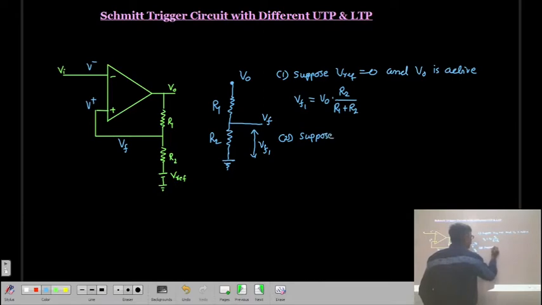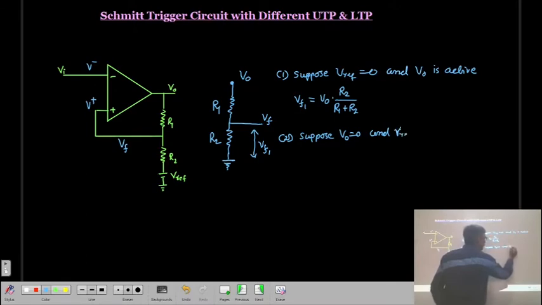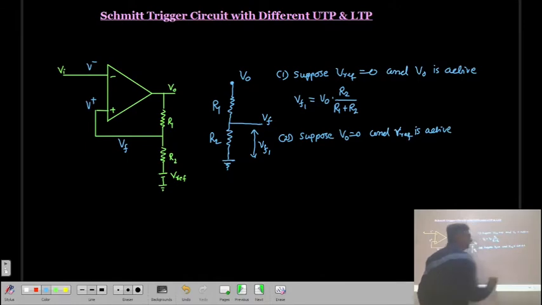Now, suppose the Vo is equal to 0 and V reference is active, and we calculate what is the feedback voltage.